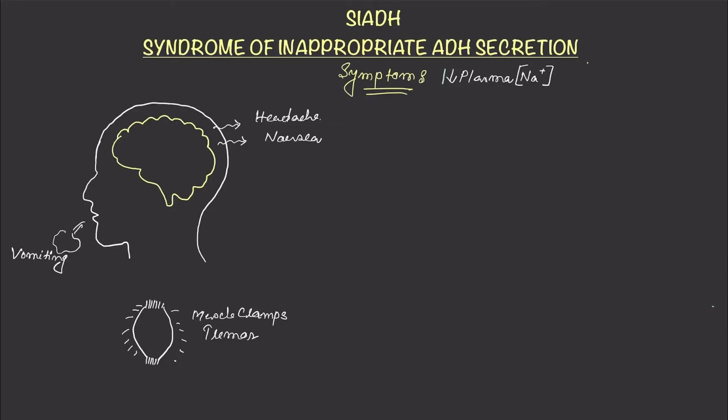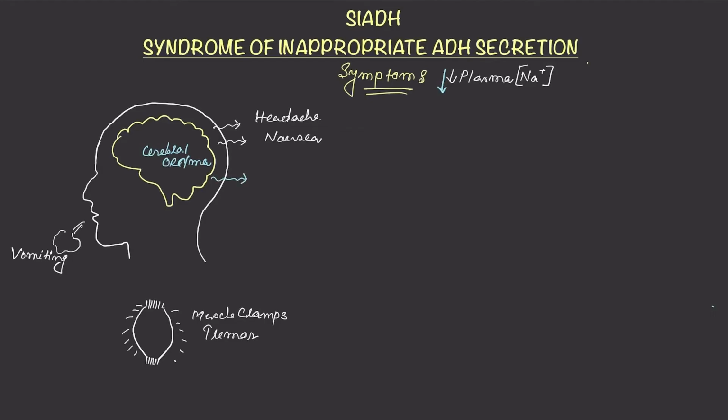Further decrease in the plasma sodium ion concentration tends to form cerebral edema because of decrease in the plasma osmolality, which leads to accumulation of water in the cells.